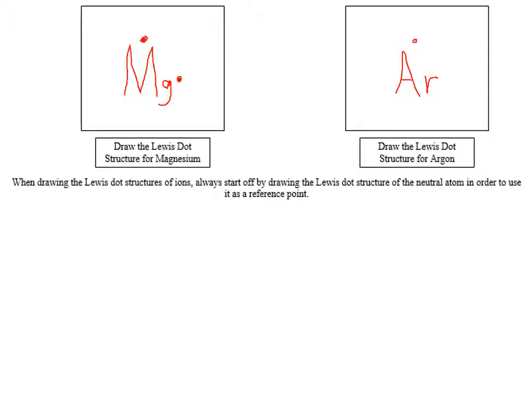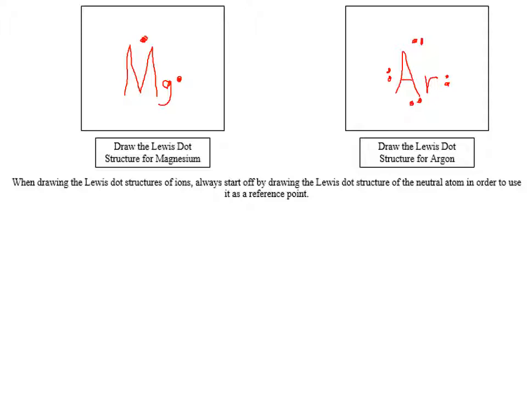So I'm going to place them 1, 2, 3, 4, 5, 6, 7, and 8. This is the Lewis dot diagram for argon.